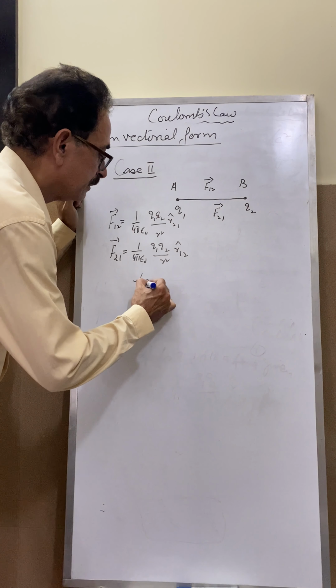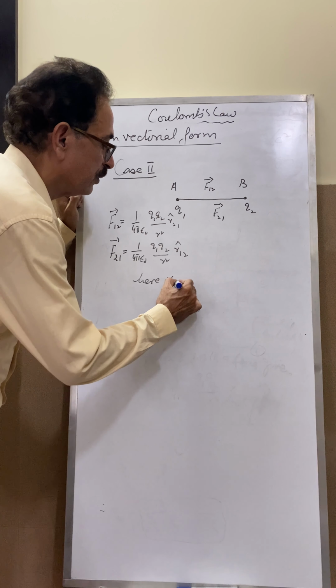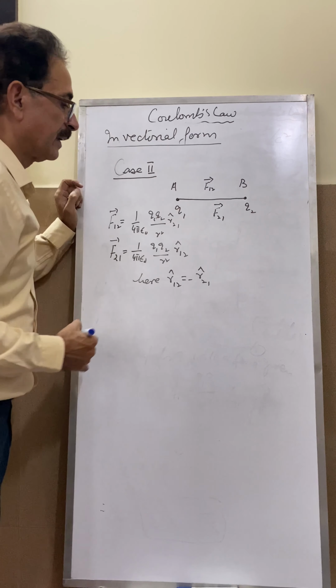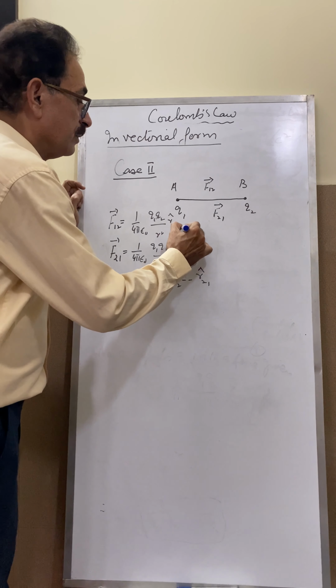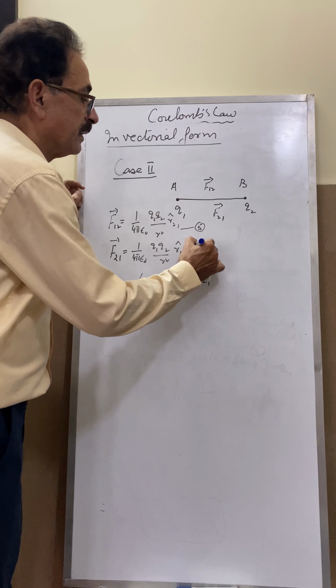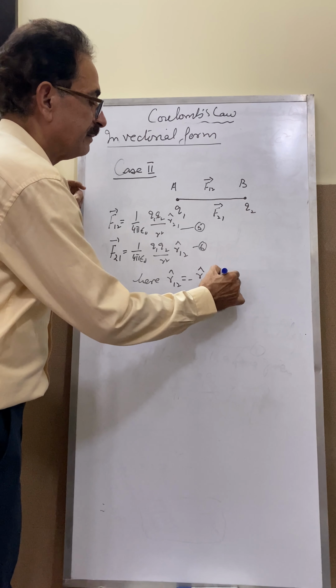Here again R12 is equal to minus times R21 cap. These are fifth, sixth and seventh.